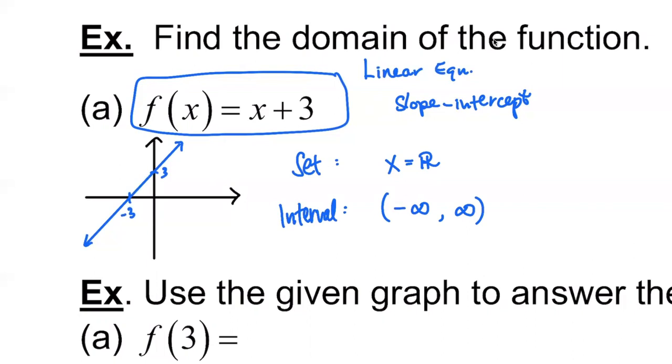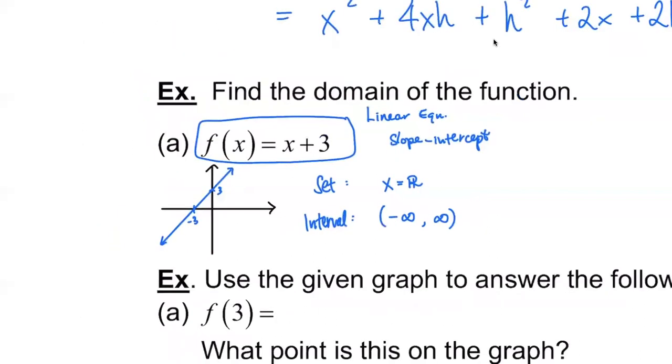If it includes the number, we use a bracket, but since we don't know where the infinity ends, we just use parentheses. So this one's fairly easy.